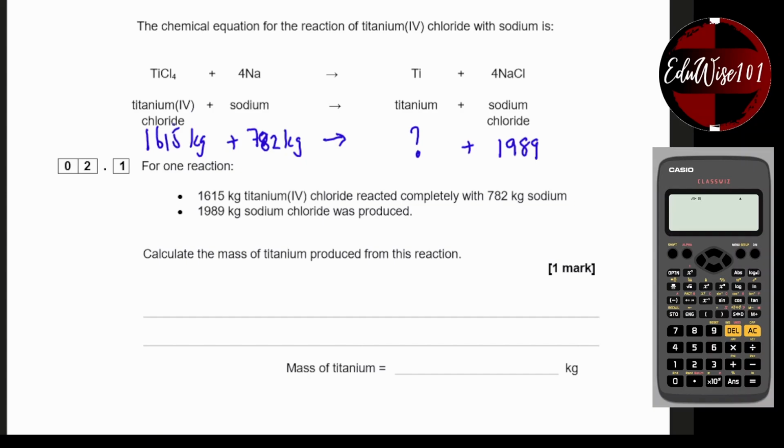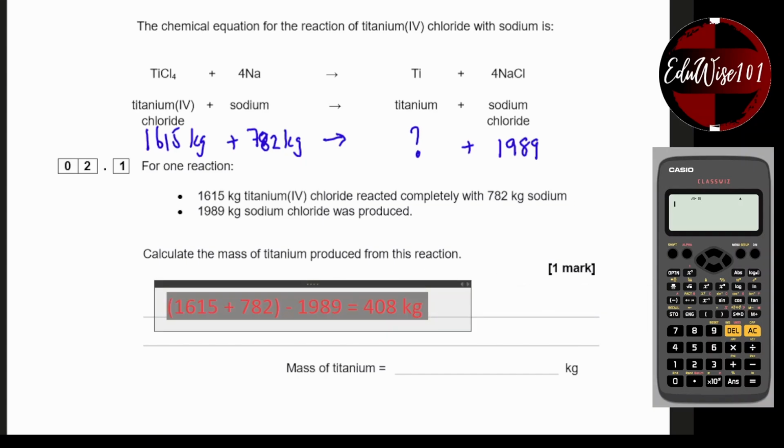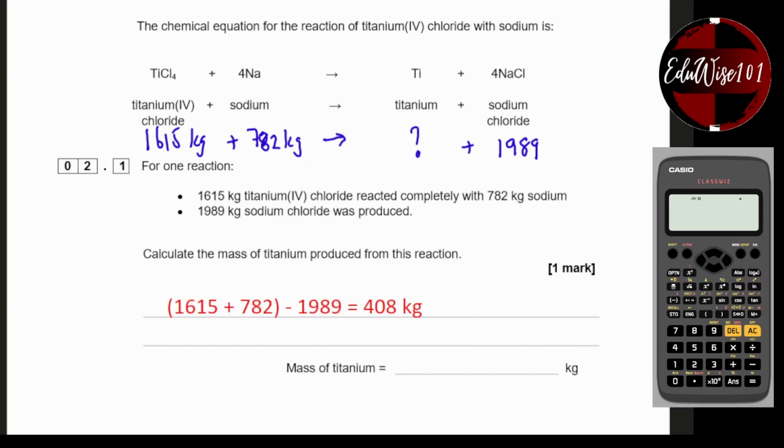So if I add these two values up and take away this value, I should get the mass of titanium. So 1615 plus 782, add that together, take away 1989, it will give you 408 kilograms.